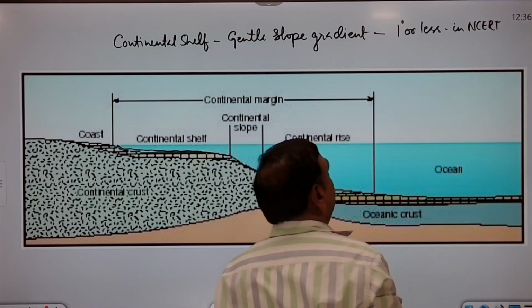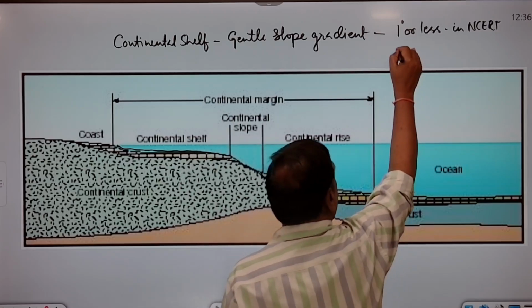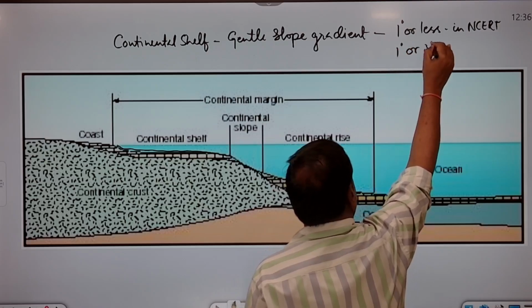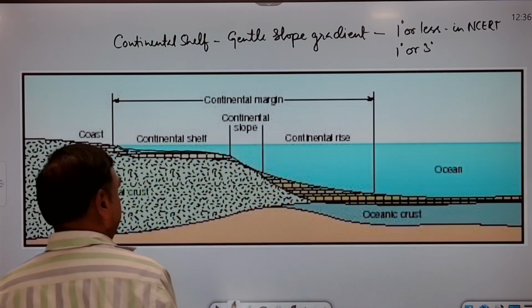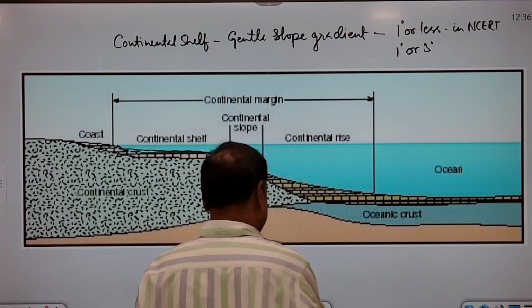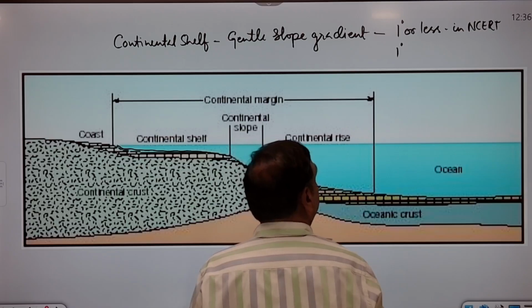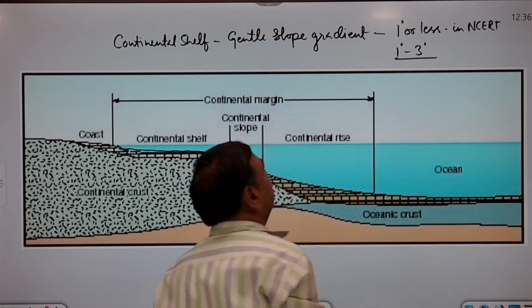But if we see the slope gradient particularly, practically it is found that the slope gradient of the continental shelf is between 1 degree to 3 degrees. It is the actual slope gradient here.